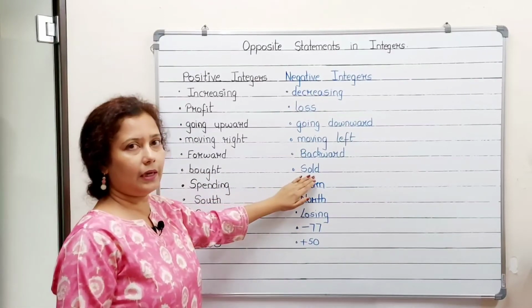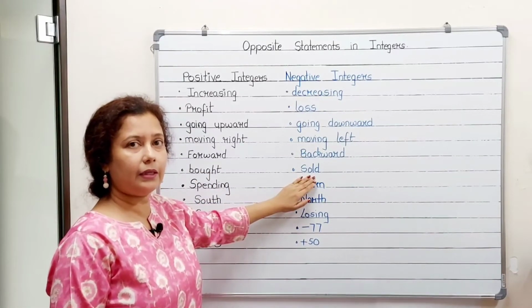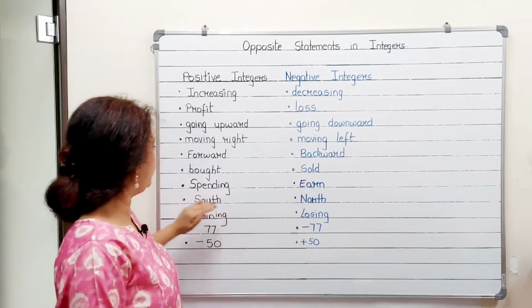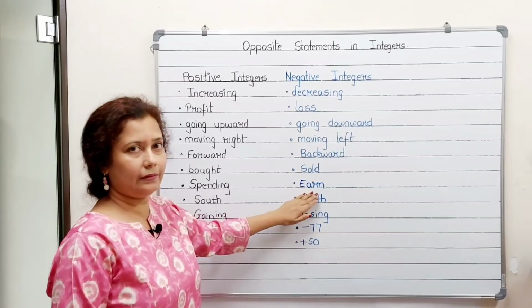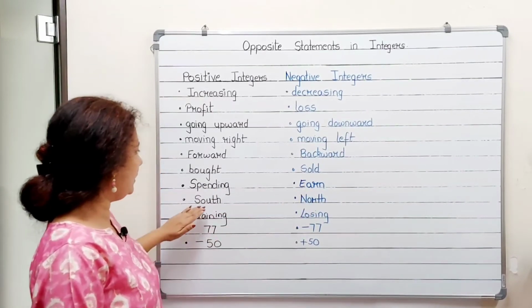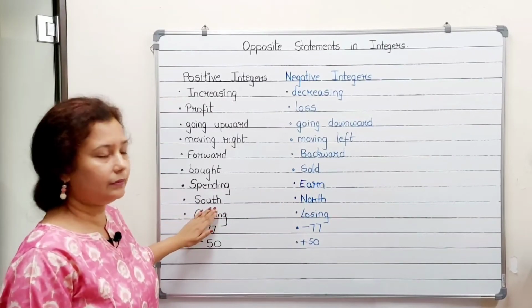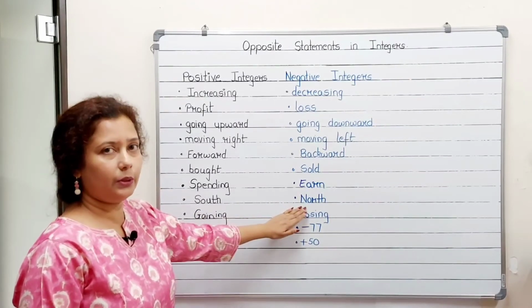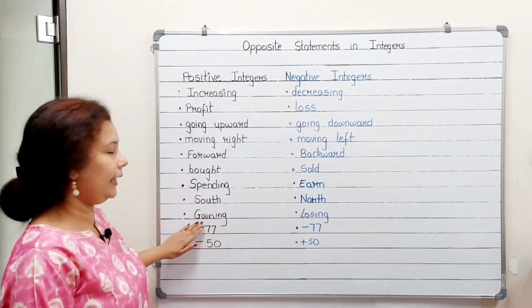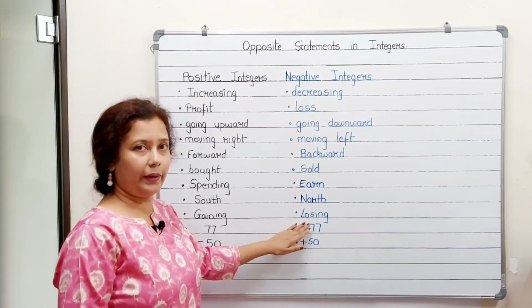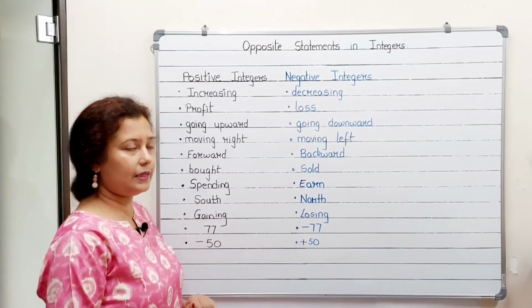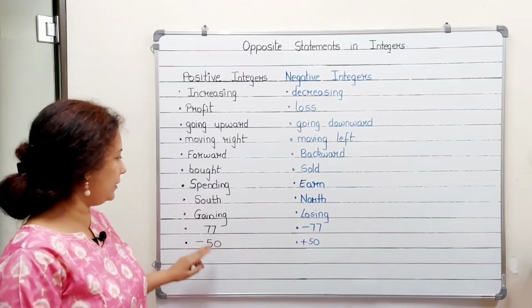He sold a car, that means it will be a negative integer. Spending money, earning money, opposite statements. Going to the south, opposite will be going to the north. Gaining weight, or someone is losing weight. So these are two opposite, considered as opposite integers.